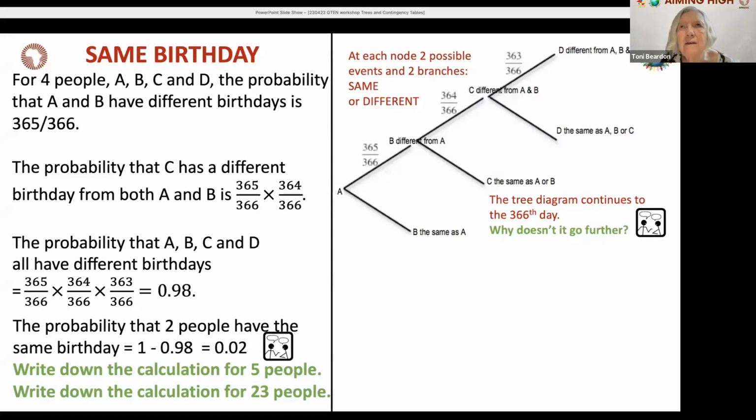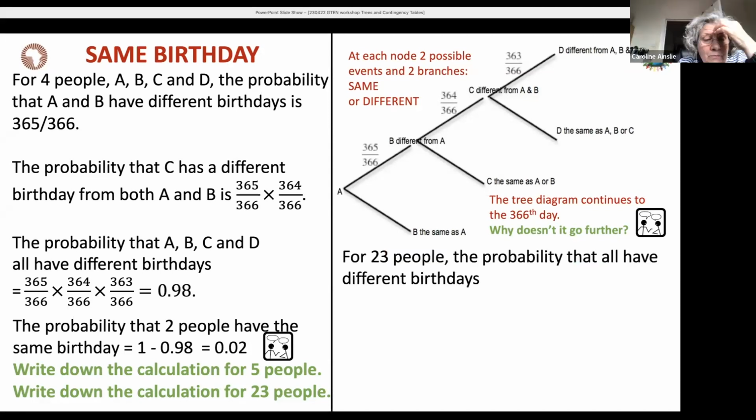So Llewellyn gave this answer to why you don't go beyond the 366th birthday: the pigeonhole principle. Okay. We've had that in different circumstances. There are no more different birthdays, just as Temba talked about 7 days of the week, there isn't an 8th day. So here's the calculation you would do for 23 people.